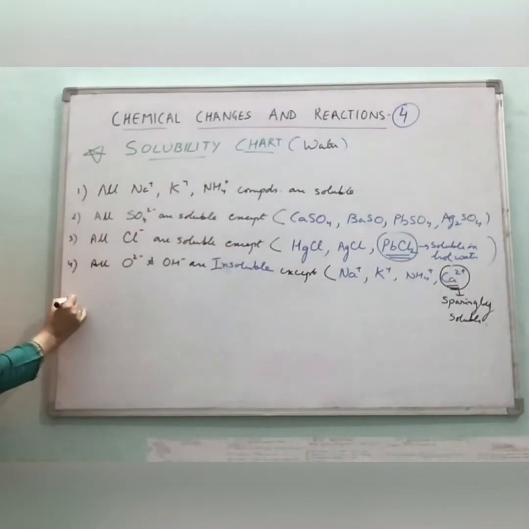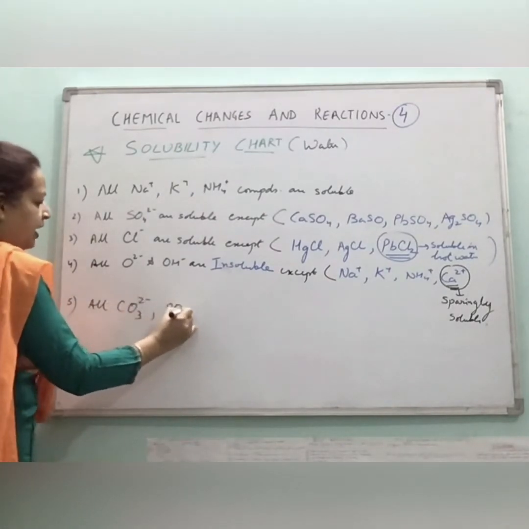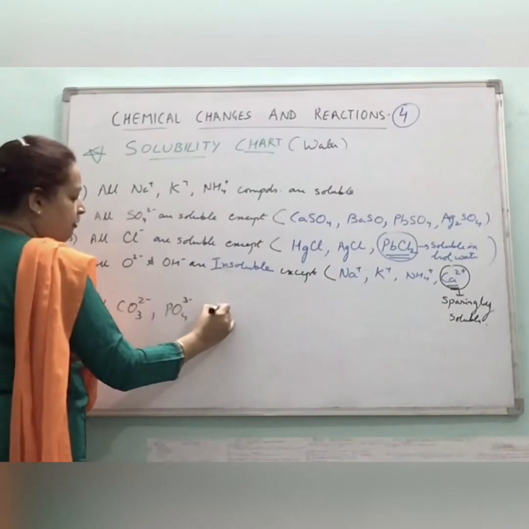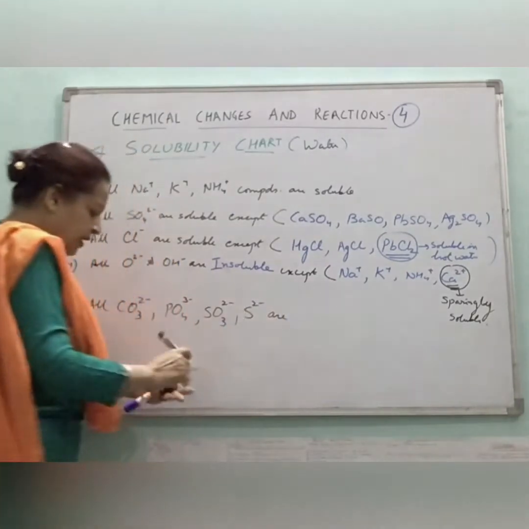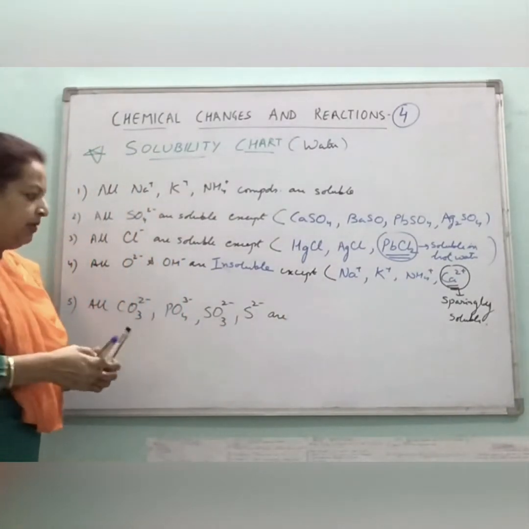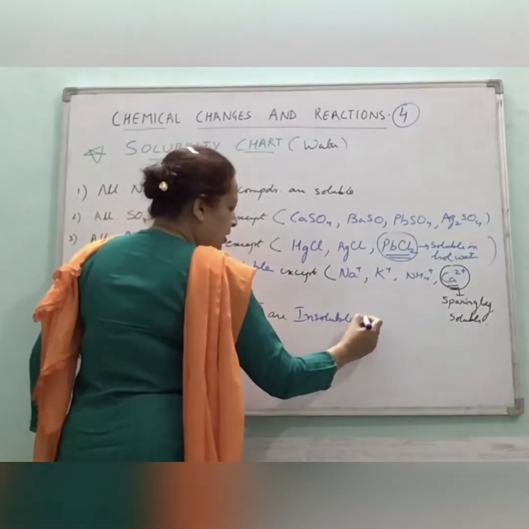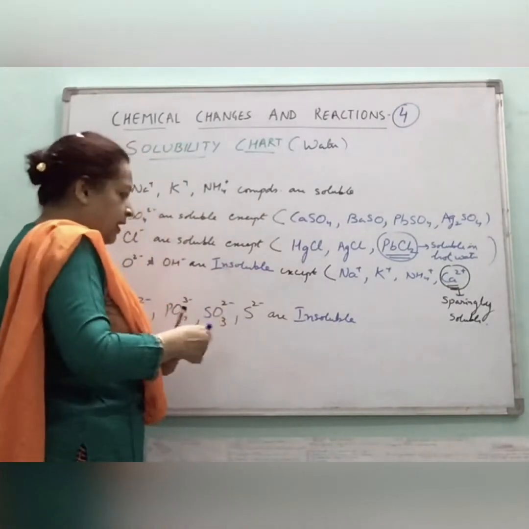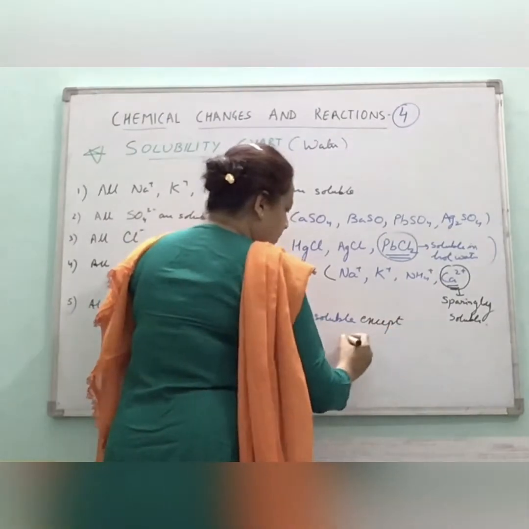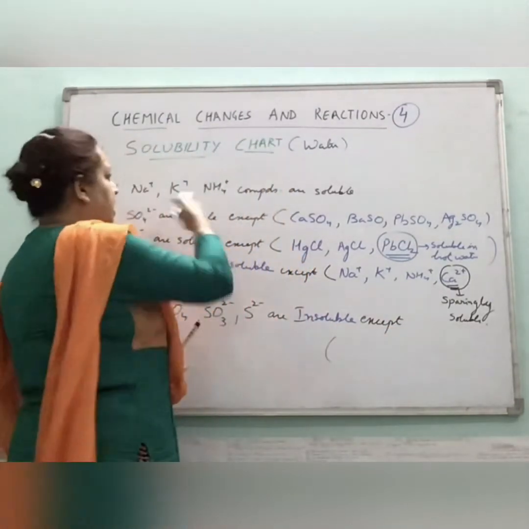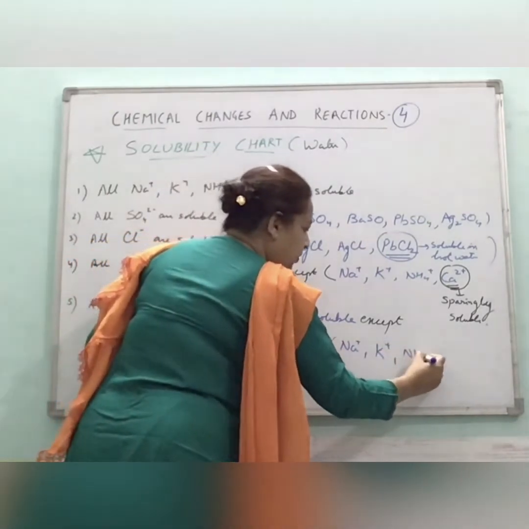Then number 5. All carbonates, phosphates and sulfides are insoluble, except those of sodium, potassium and ammonium.